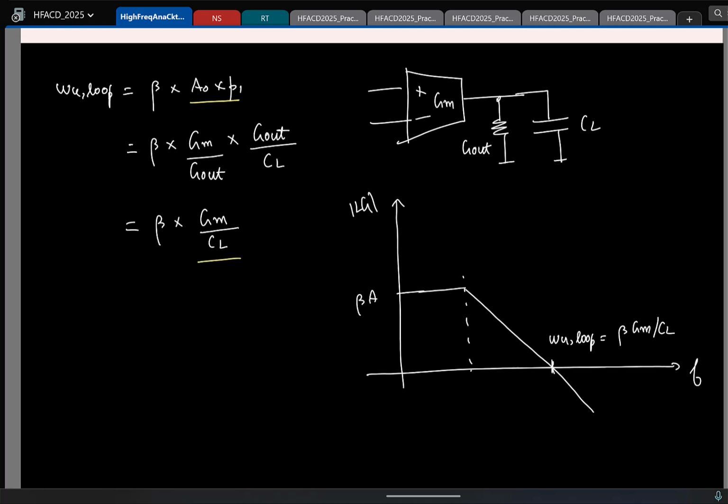Now let us say I increase the output resistance of this 5 transistor OTA and made a telescopic cascode. Nothing else changed, only the output resistance has increased. If I sketch the loop gain for the telescopic cascode on the same plot, how will it look? DC gain has increased, but what will remain the same? Omega u loop. So this characteristic will also pass through the same point.